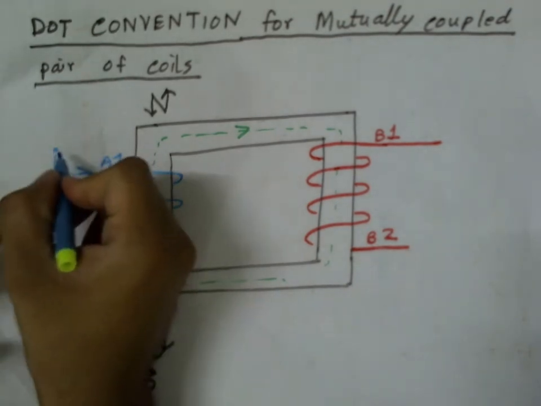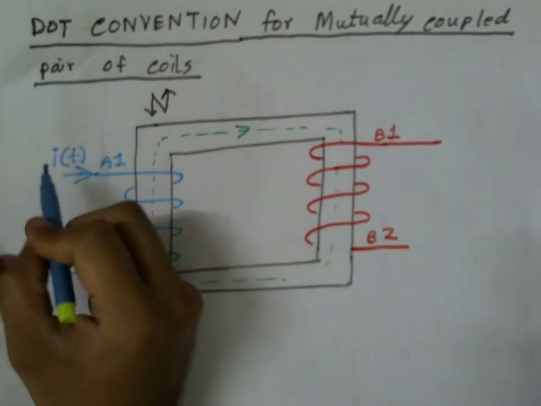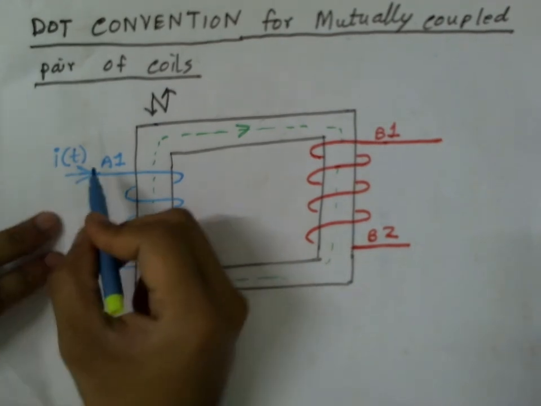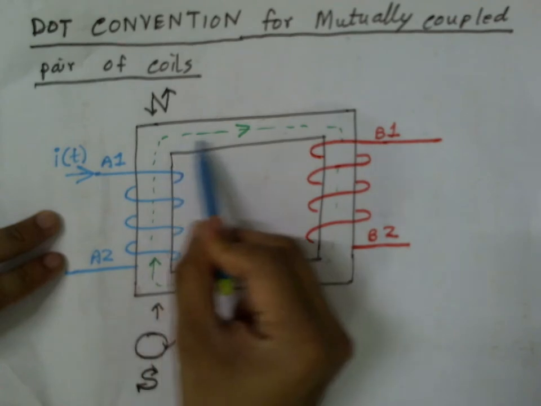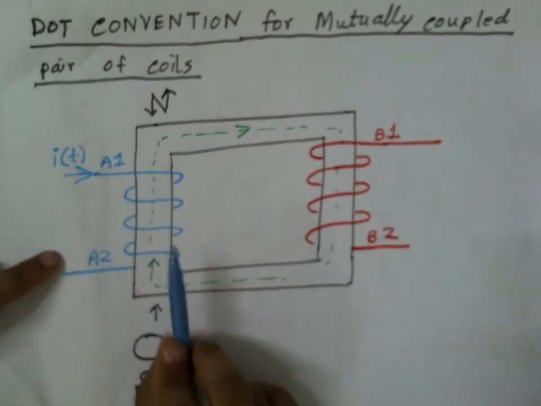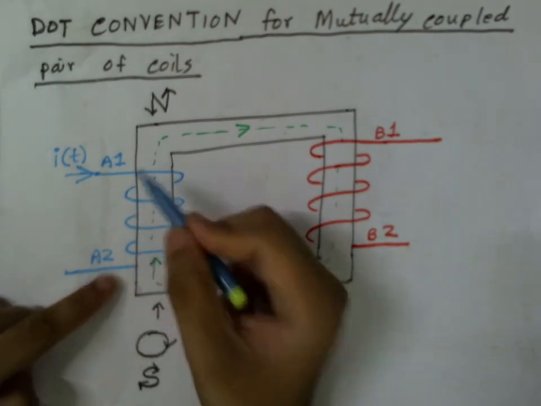For example, if i(t), that is current as a function of time, is increasing, then this flux is increasing and some EMF should be generated in this coil.